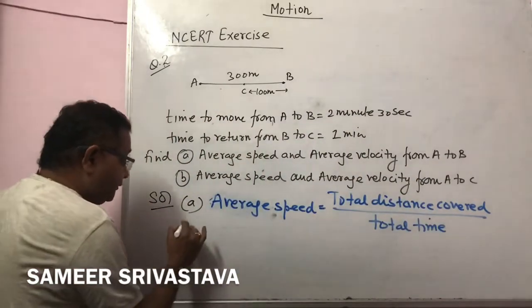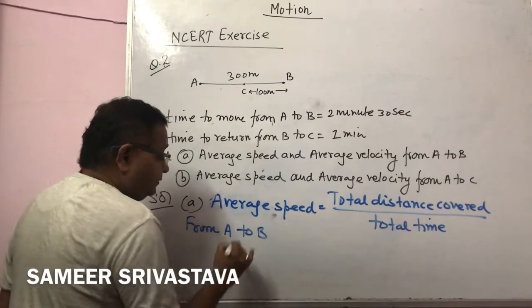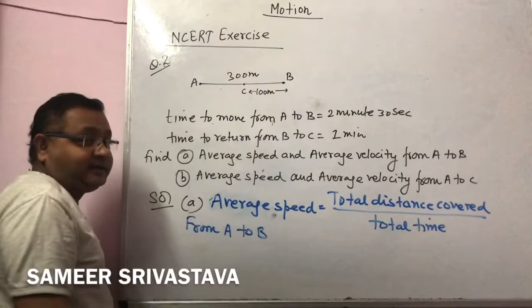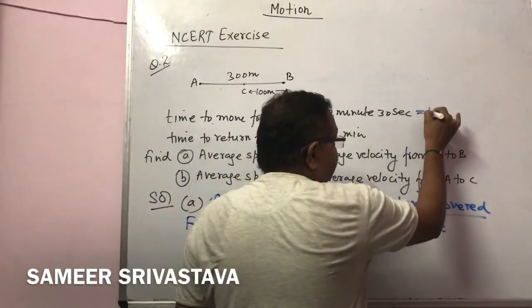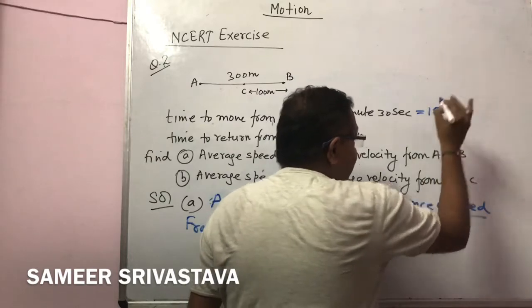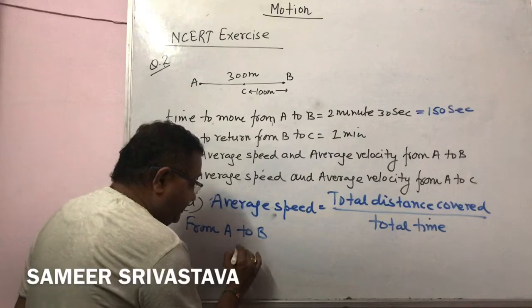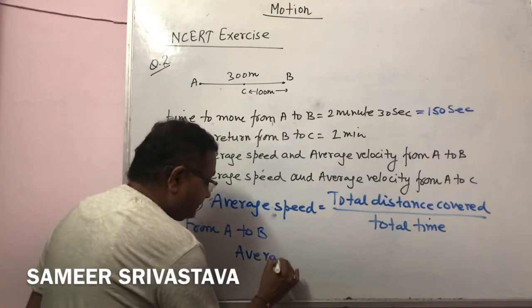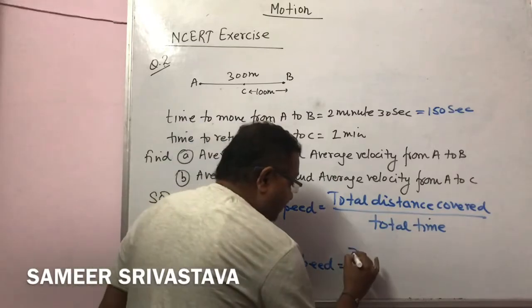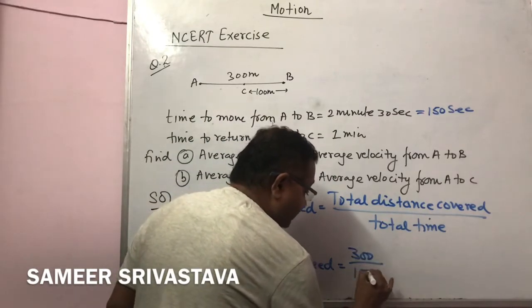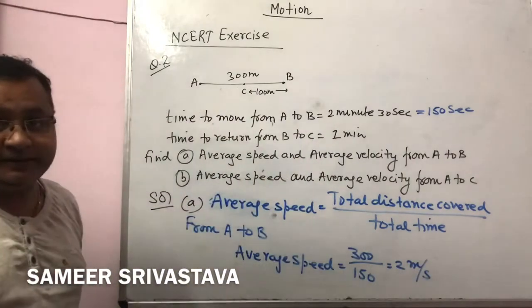So from A to B, what is the total distance? That is 300 meter. What about the total time? 2 minutes 30 seconds, that will be 150 seconds. So from A to B, average speed is equal to total distance 300 upon total time 150, and the answer will be 2 meter per second.